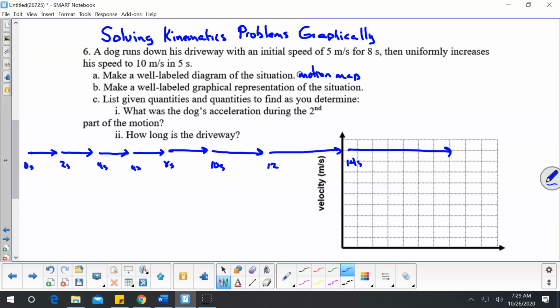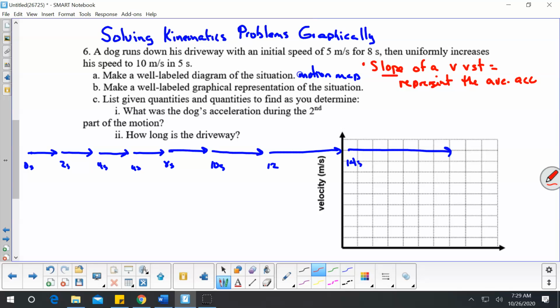Now, two things that we need to remember here. One is that the slope of a velocity versus time graph represents the average acceleration.